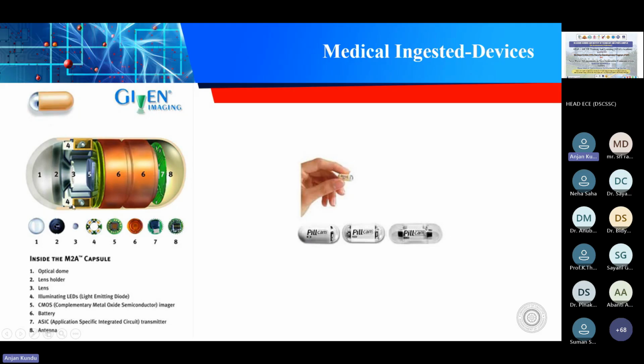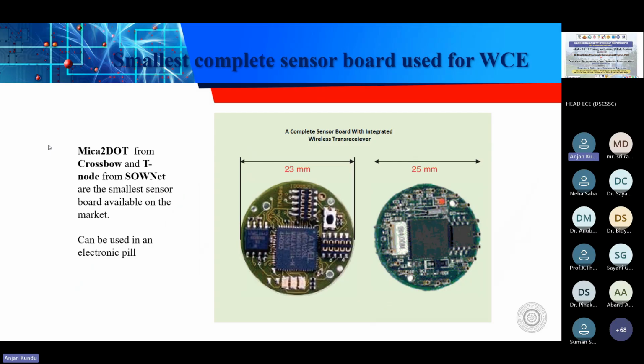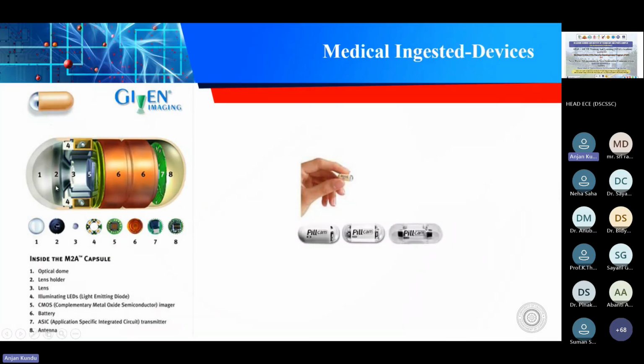This artificial capsule has an optical light, that means an LED, a camera, and a 2032 battery. 2032 is the name of the battery, actually the size of battery generally used in computers, 2032 or 2016.